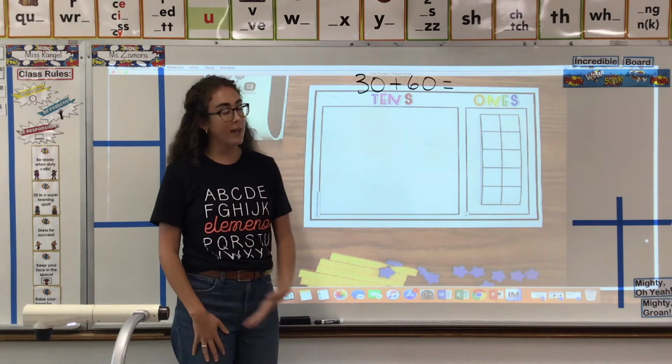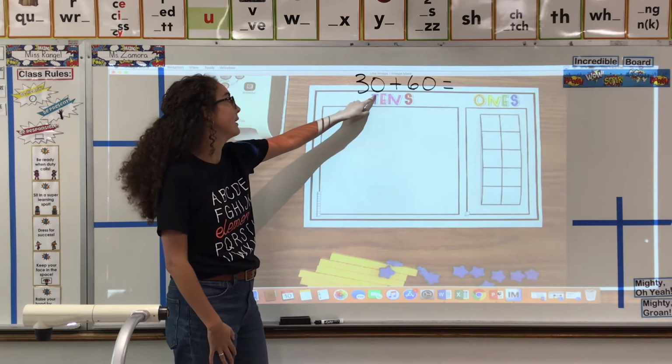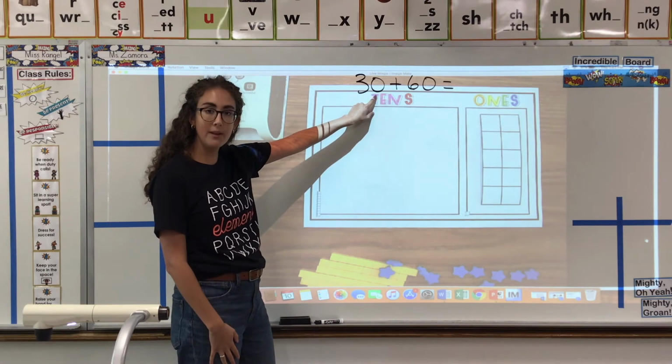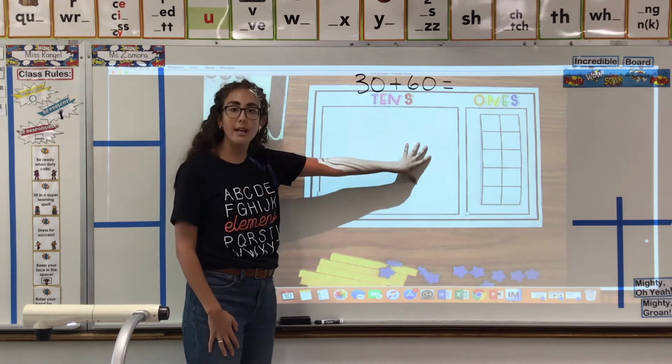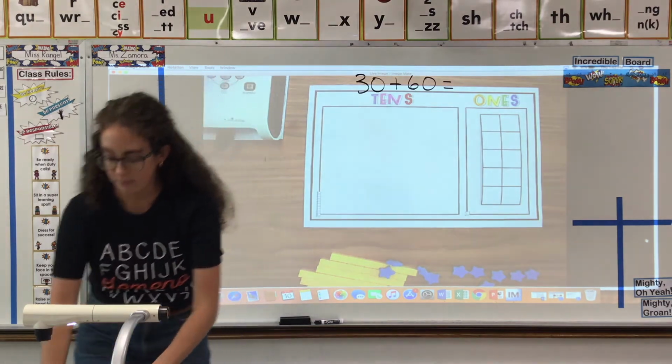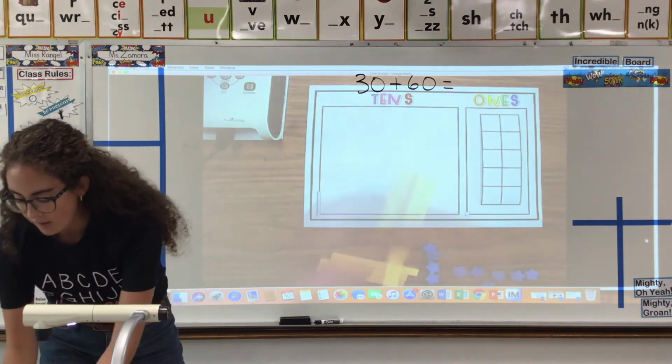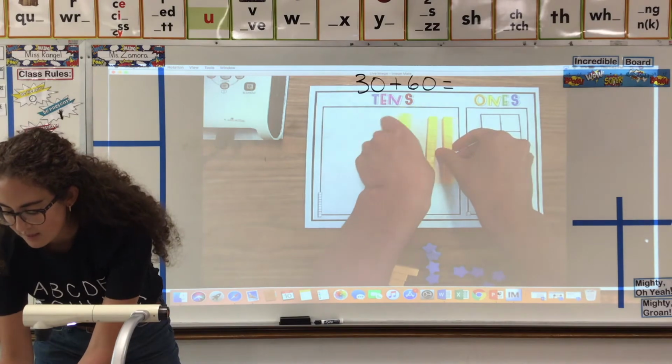So we have to do the same thing. We're starting at the left. There's 30. That's what we're starting with. So let's show 30 on our place value chart. Okay, here we go. Awesome. So I have 3 tens, 30.